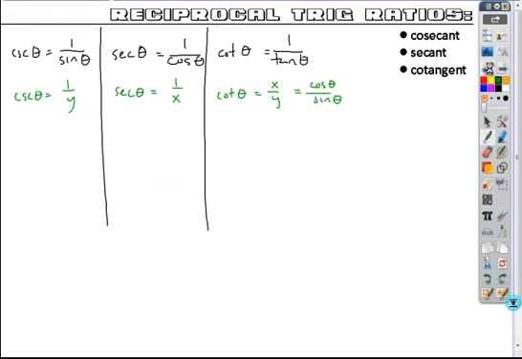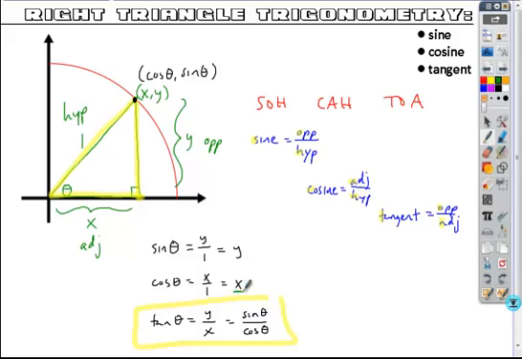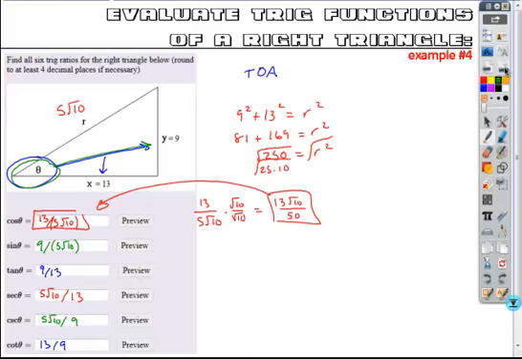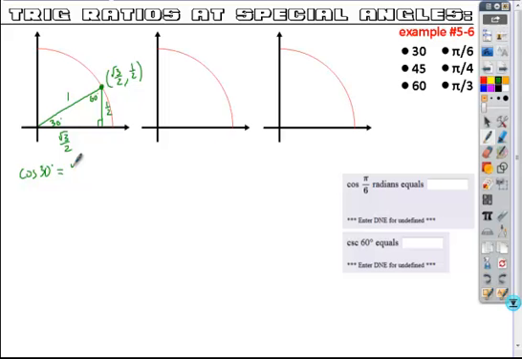Cosine is the x coordinate, so the x coordinate is root 3 over 2. The sine is the y coordinate, which in this case is 1/2.